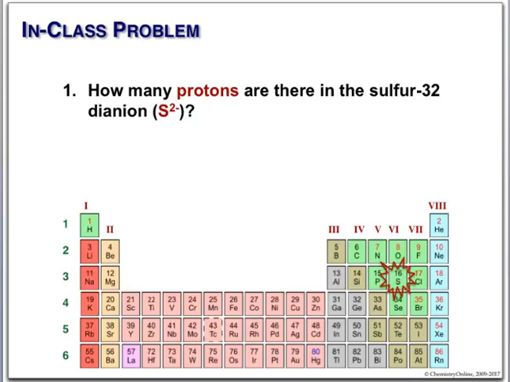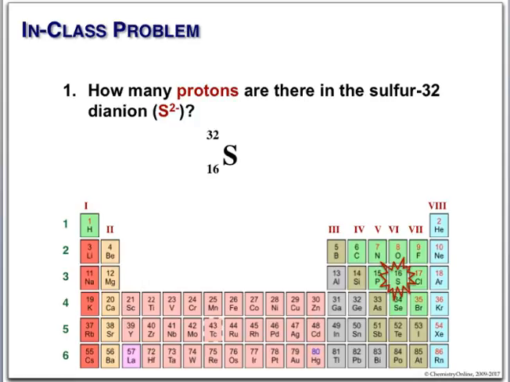Let's write the atomic symbol, just to show that we can. Going to start off with an S. S for sulfur. Remember, as a subscript here, we put the atomic number. And as a superscript, this is called sulfur 32. That's the mass number. So the superscript is simply 32.